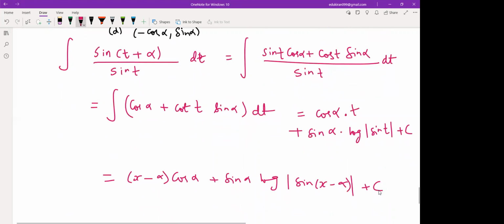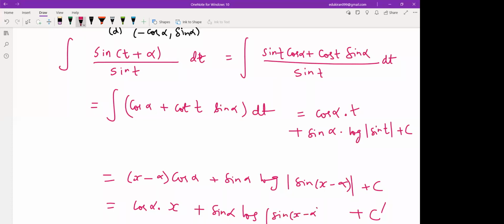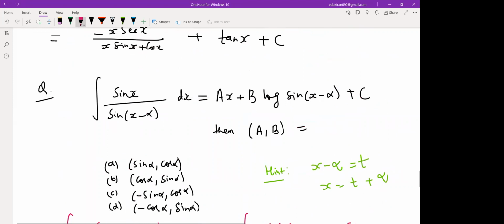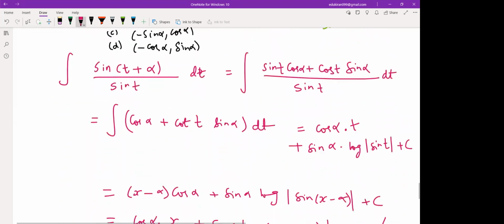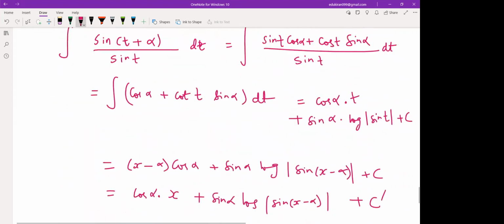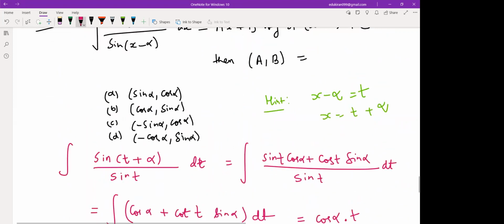So a is cos alpha because you can write it as cos alpha into x, and minus alpha cos alpha is a constant. This will add up with c and give you another constant of integration c dash. So alpha cos alpha minus, you don't have to think about it, is a constant. So it will be cos alpha is a and b is sine alpha. So option B will be the correct option.